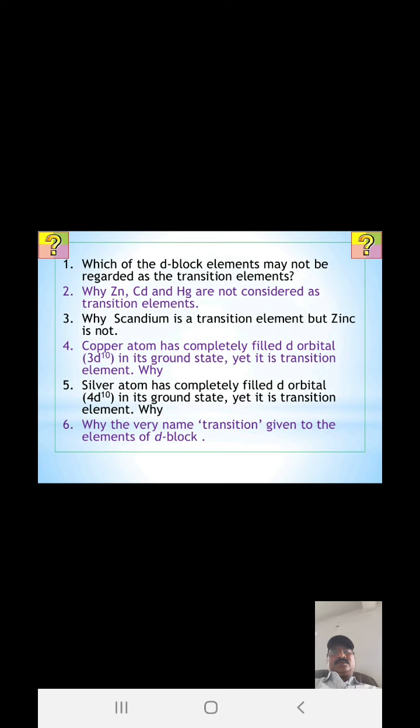See, which of the d block elements may not be regarded as the transition elements? Why zinc, cadmium and mercury are not considered as transition elements? Why scandium is a transition element but zinc is not? These are some basic doubts.